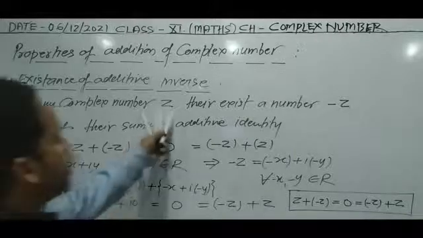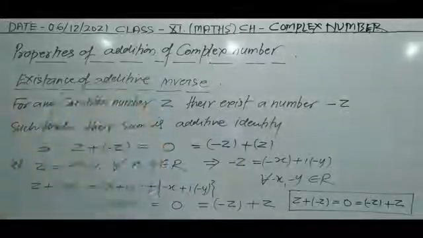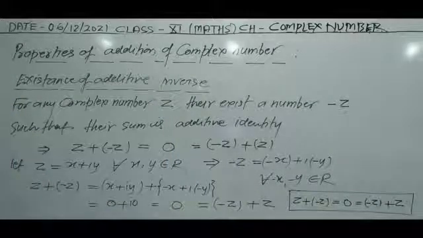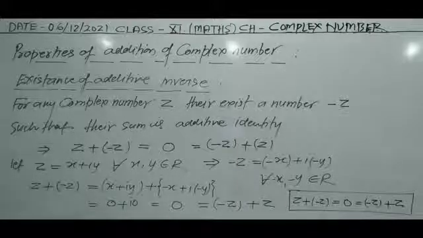So how can we correlate z and minus z? Minus z is the negative of complex number z. So suppose you have to find the negative of a complex number, you will change the real and imaginary sign.